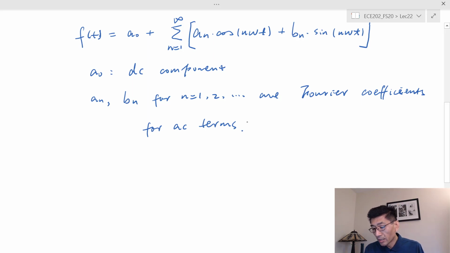In the next video clip, I'm going to talk about how we determine these Fourier coefficients a_n and b_n, and also the DC component a sub 0. That's important, because once you know these, you know what the Fourier series really is.